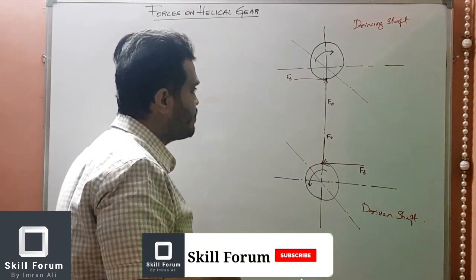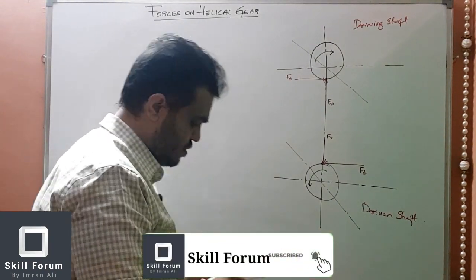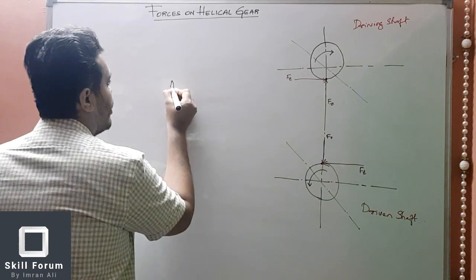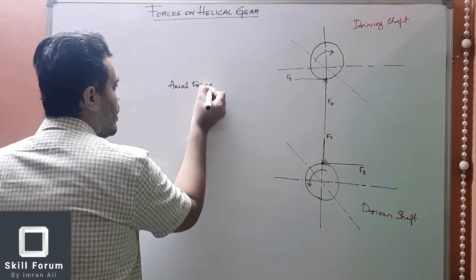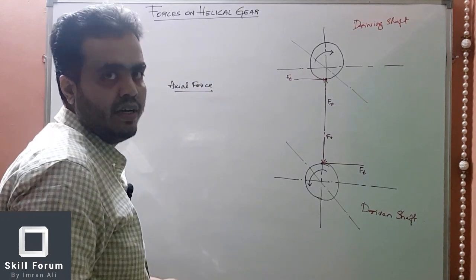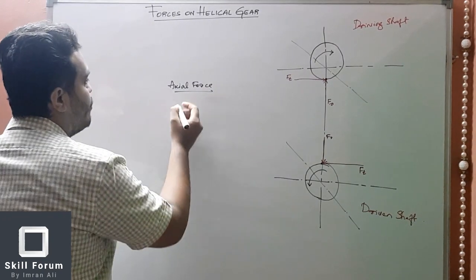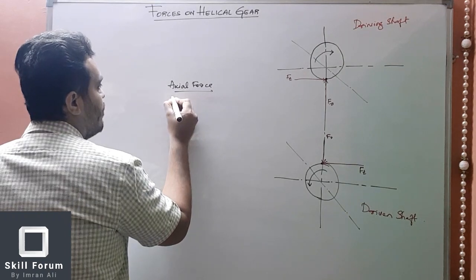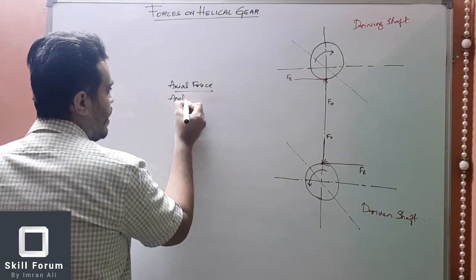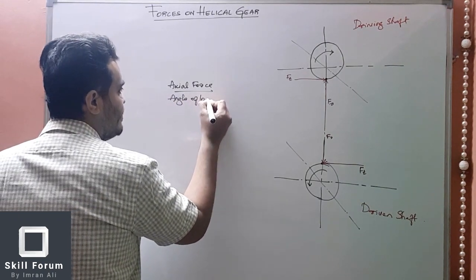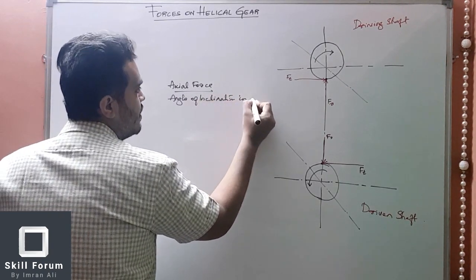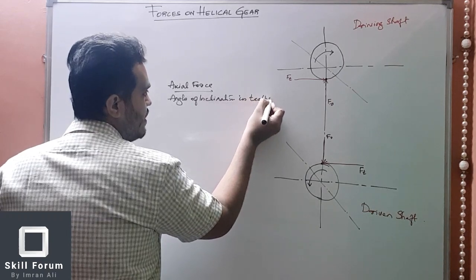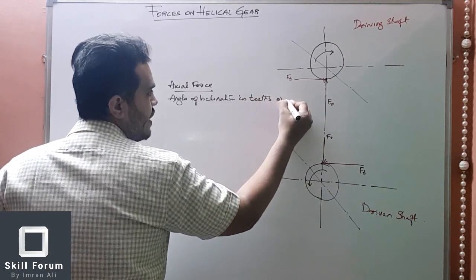Next, to define the axial force, it is very important. You just try to understand here: for the axial force, we need to consider the angle of helix, the angle of inclination in the teeth of a helical gear.